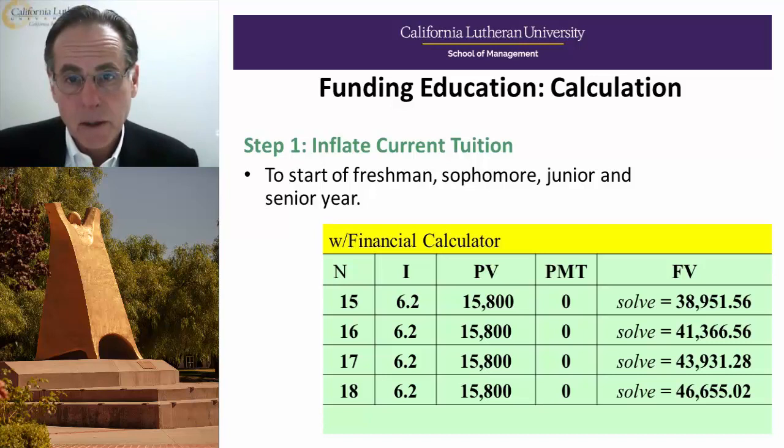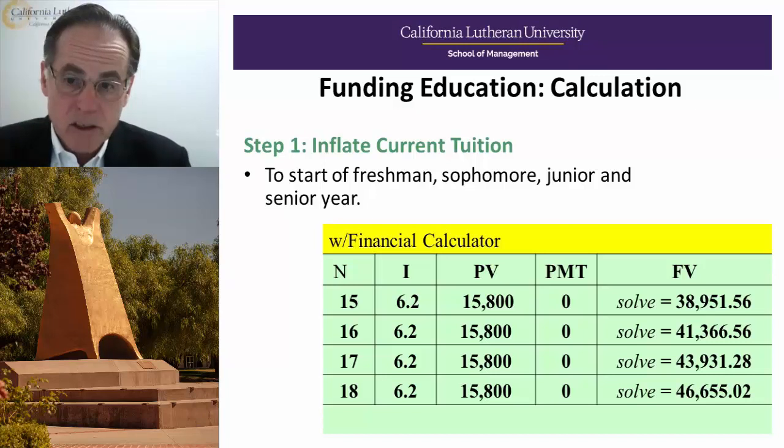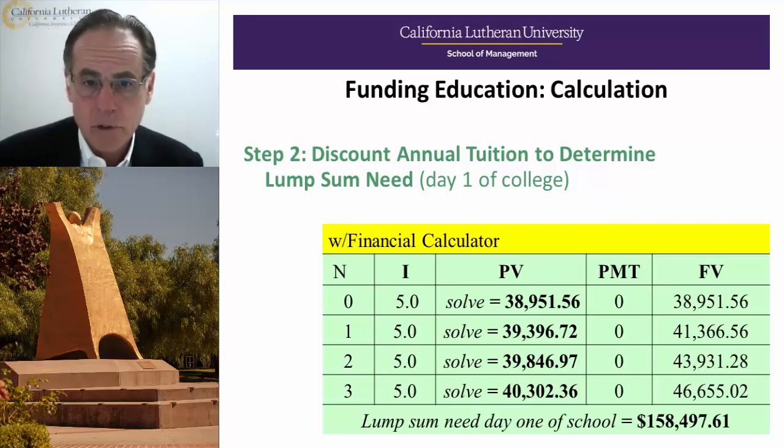$46,655. At this point in time, assuming that contributions will be made up to the beginning of freshman year and then stop, we can figure out what that lump sum need is. And in this case, we are discounting those costs at the reinvestment rate during the college period. You can see it's 5%.